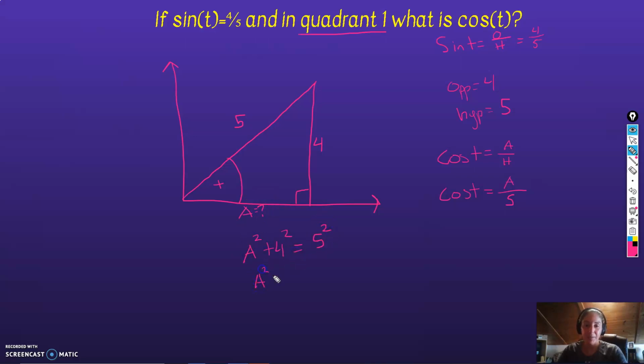So a squared plus 16 equals 25, minus 16 on both sides. A squared equals 9, which means a equals positive 3. We don't want the negative 3. So a is equal to positive 3. So this is equal to, not question mark anymore, that's equal to 3. So then cosine t is equal to the adjacent side, which is 3, over the hypotenuse, which is 5.